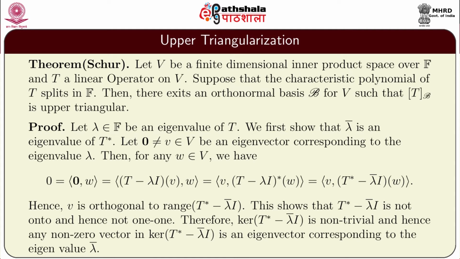Hence, v is orthogonal to the range of the operator T* − λ̄I. This shows that T* − λ̄I is not onto and hence not one-one. Therefore, the kernel of T* − λ̄I is non-trivial, and hence any non-zero vector in the kernel of T* − λ̄I is an eigenvector corresponding to the eigenvalue lambda bar.